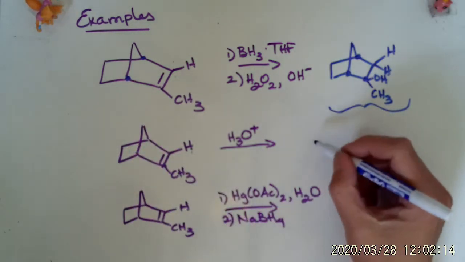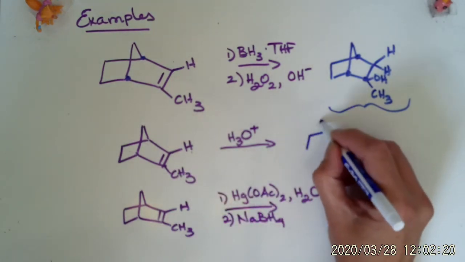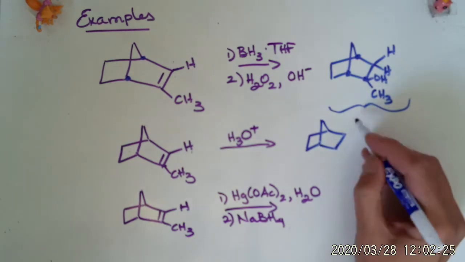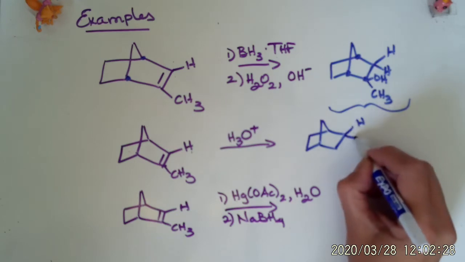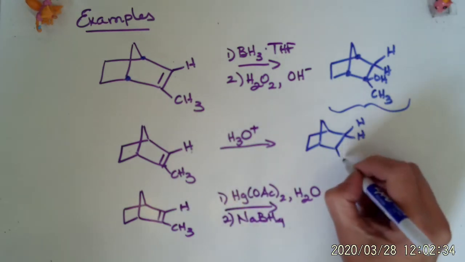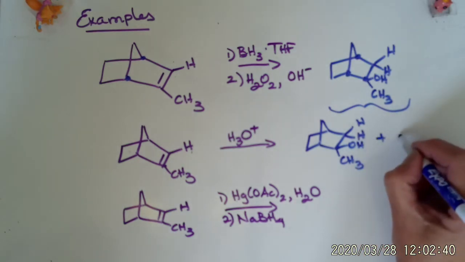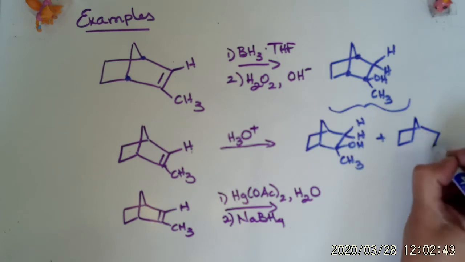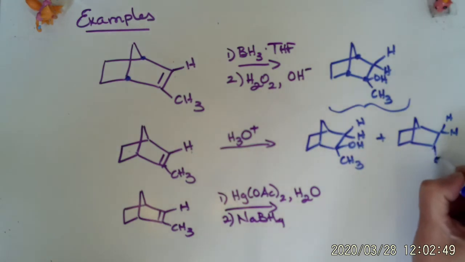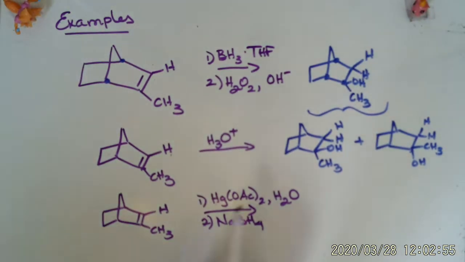What about this one? Well, I would add my H on this side, no problem. I form a carbocation, which is sp2. So what you would get is a mixture, okay? Because this is going to be flat.